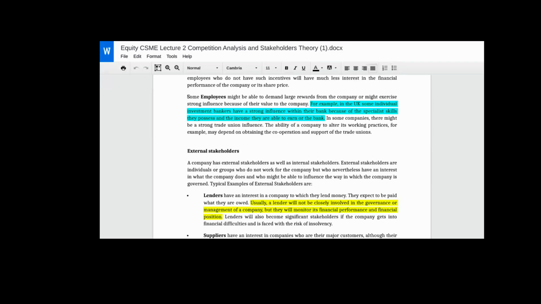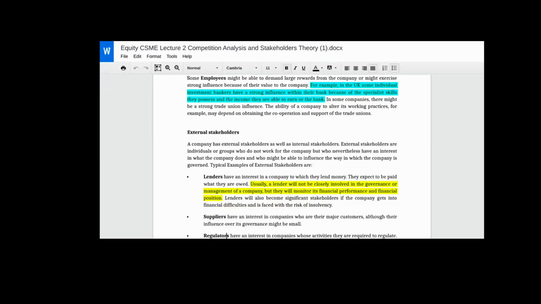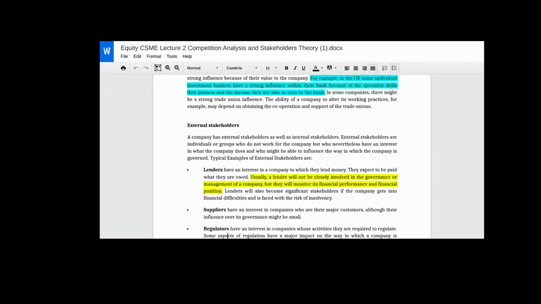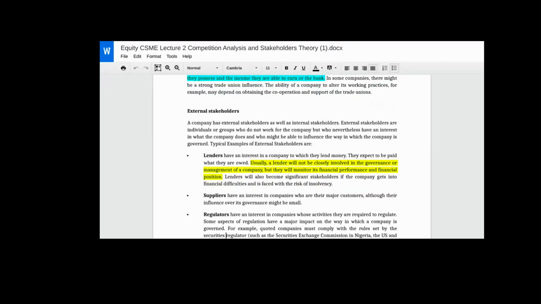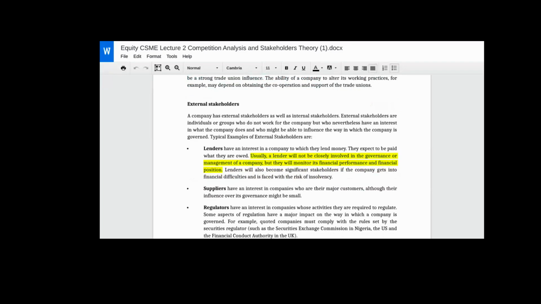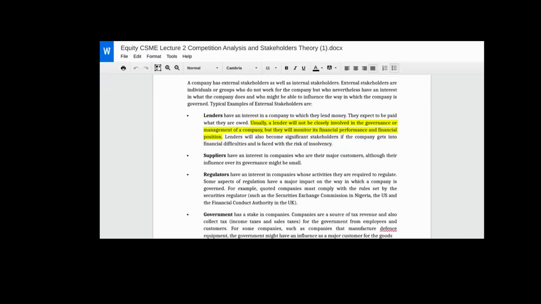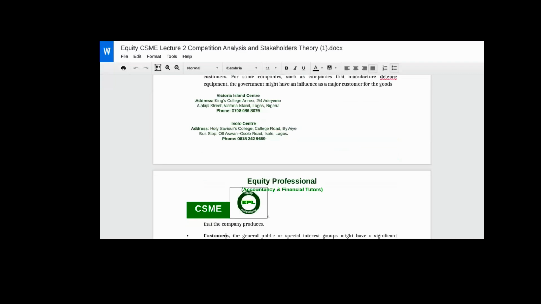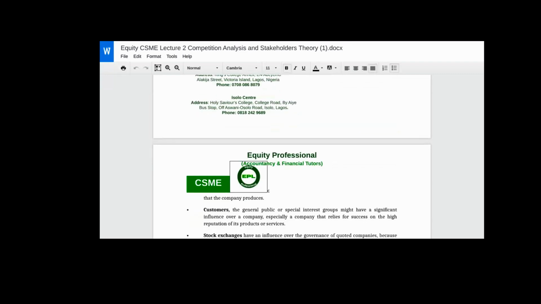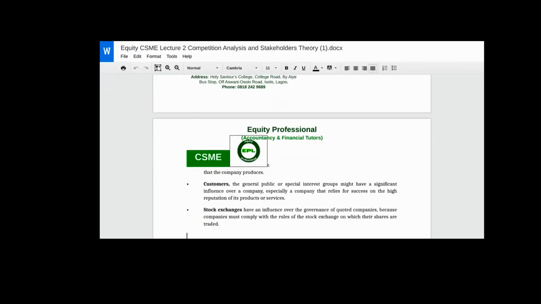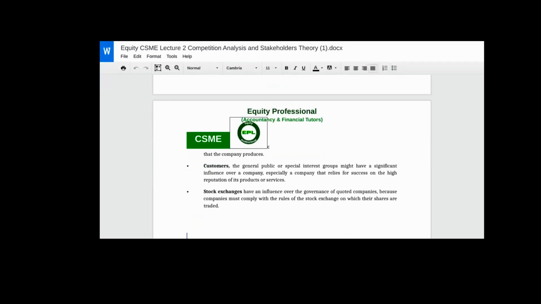Examples of external stakeholders are lenders, those are the financial institutions, suppliers, regulators. It can be CBN, an agency, or government. Those are the people that we call regulators. It can be SEC, Securities and Exchange Commission. The government too, they are regulators in terms of business regulation, tax, and many more. So the customers are part of our external stakeholders. The stock exchange, they are part of our external stakeholders too.